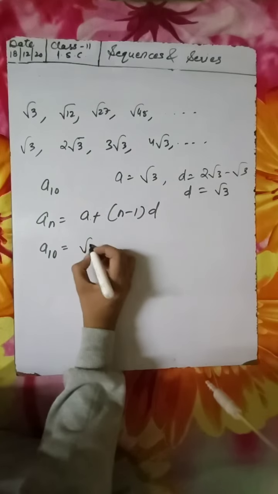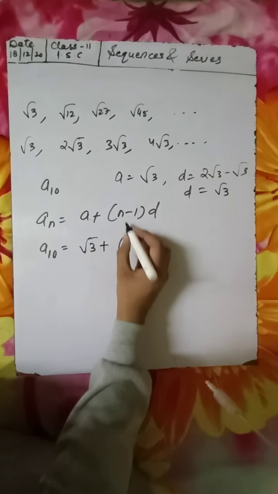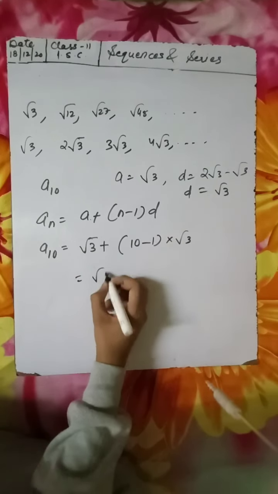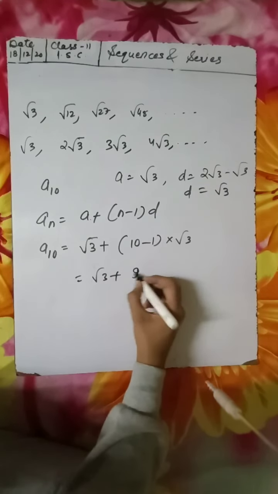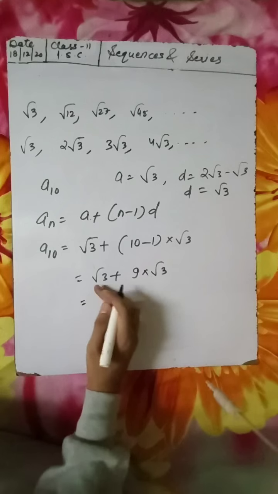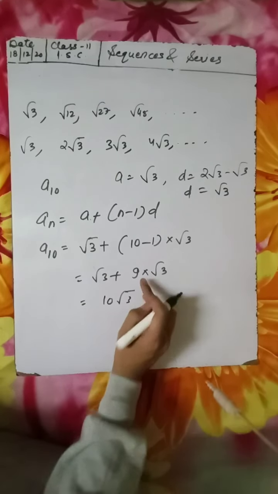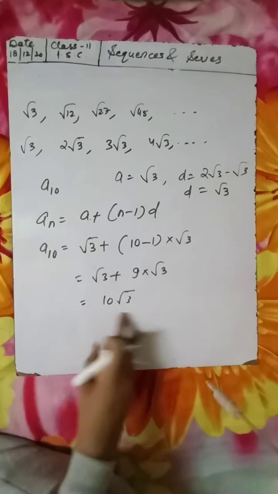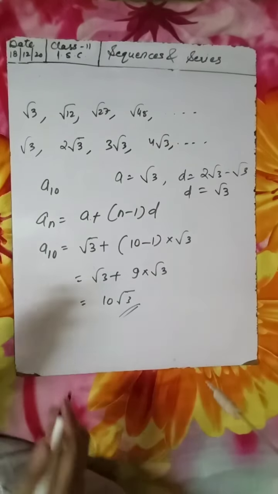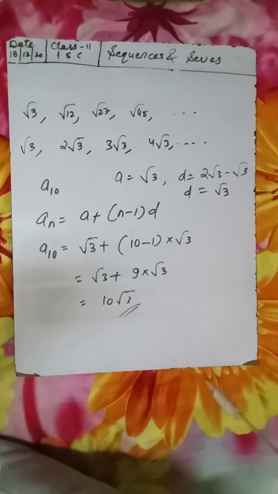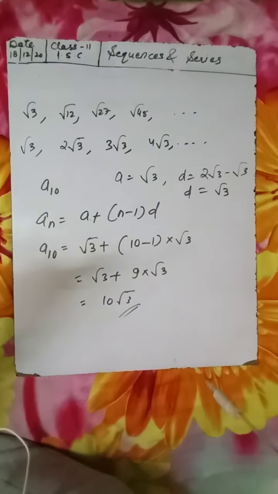So in place of a we write root 3 plus (10 minus 1) into root 3, that is root 3 plus 9 root 3. This is 9 times and this is 1 time, so on adding we get 10 root 3. So this is the answer. Such easy questions are there at the starting. Let us take another question.